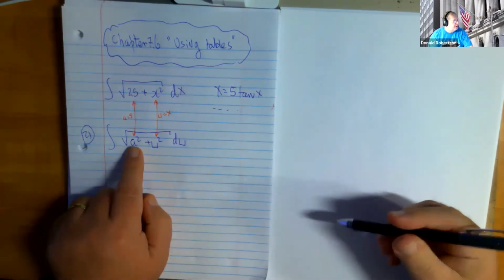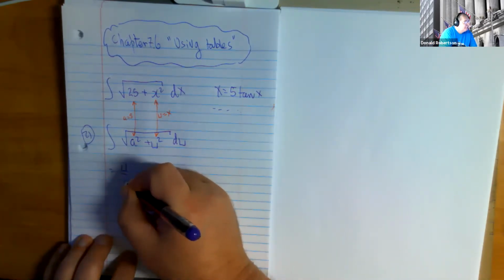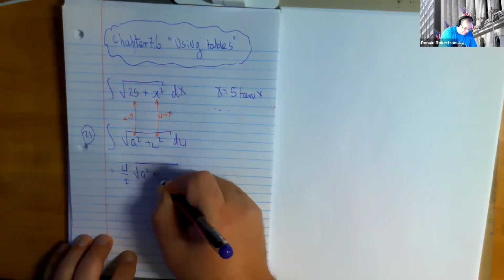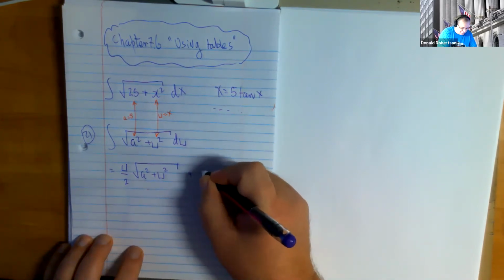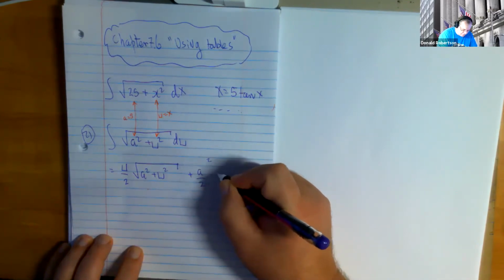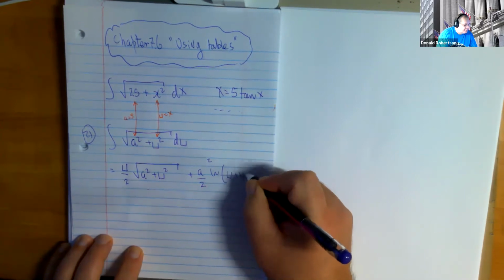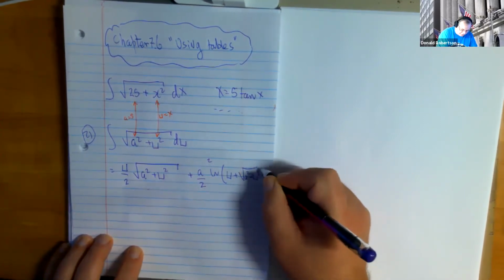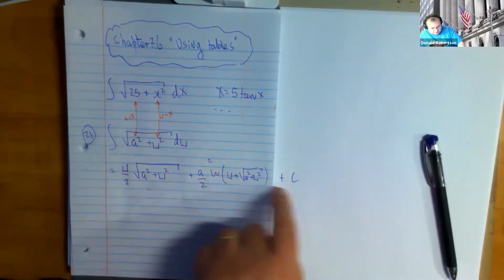So when I look up 21, I get the answer: U over 2 times the square root of A squared plus U squared, plus A squared over 2 times the natural log of U plus the square root of A squared plus U squared. And then you add C, right? That's what this is equal to.